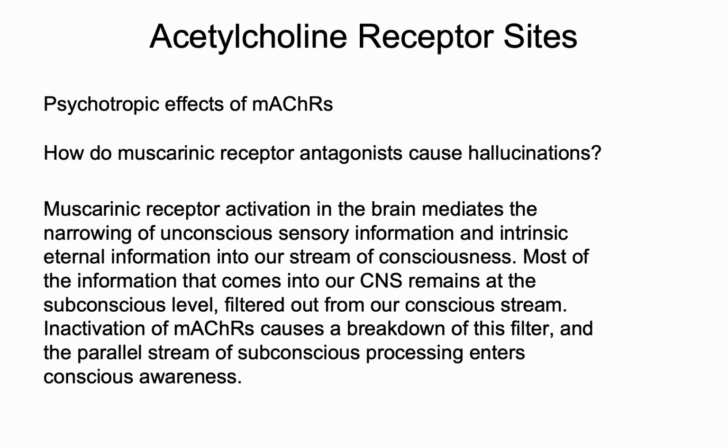Well, a leading hypothesis suggests that muscarinic receptor activation in the brain, specifically in the frontal basal nuclei that project through the rest of the cortex, is involved in mediating the narrowing of sensory information and intrinsic internal information that our brain is constantly exposed to. It filters that before it reaches our conscious level.